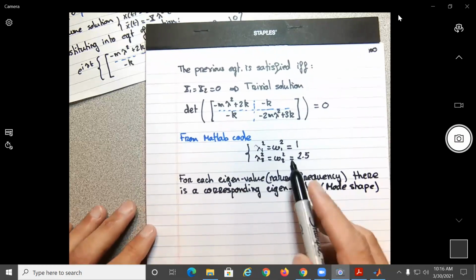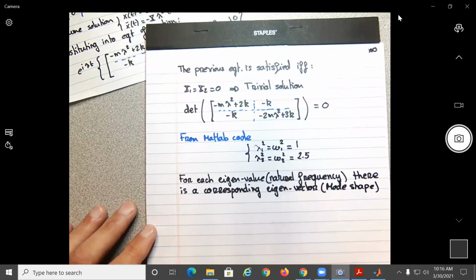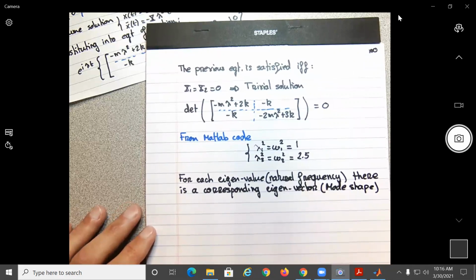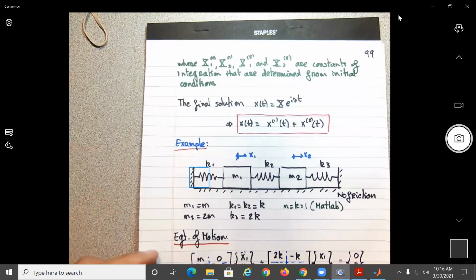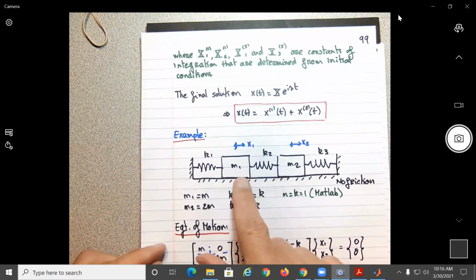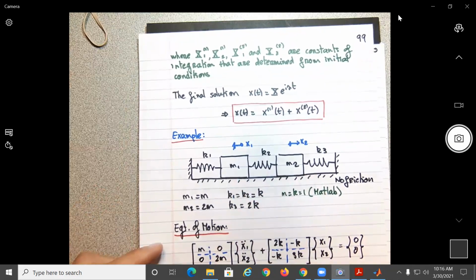Okay, so for each natural frequency, there's a corresponding eigenvector that should simulate what? The two types of motions that you can have. Either they move together or they move away from each other, no?